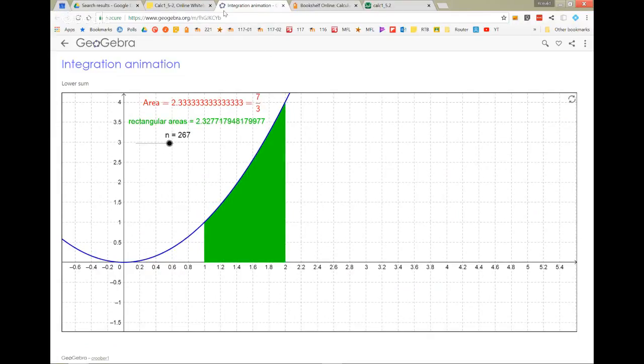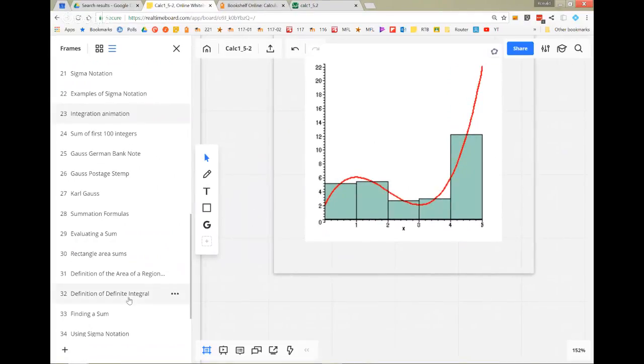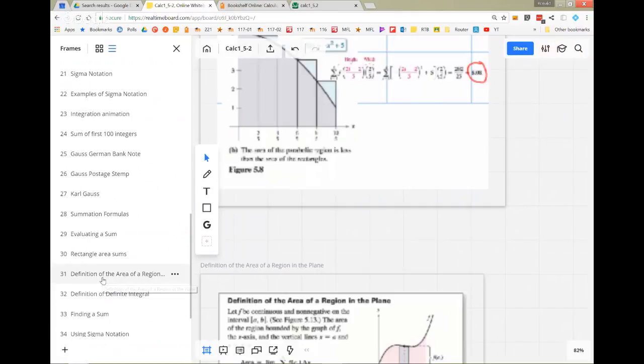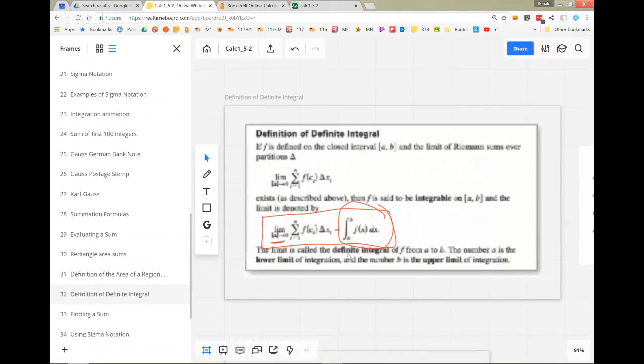And we're really headed for this concept right here: when you take an integral of a function, you really are getting the exact area. So we're just getting warmed up here for what's to come in this integration chapter.